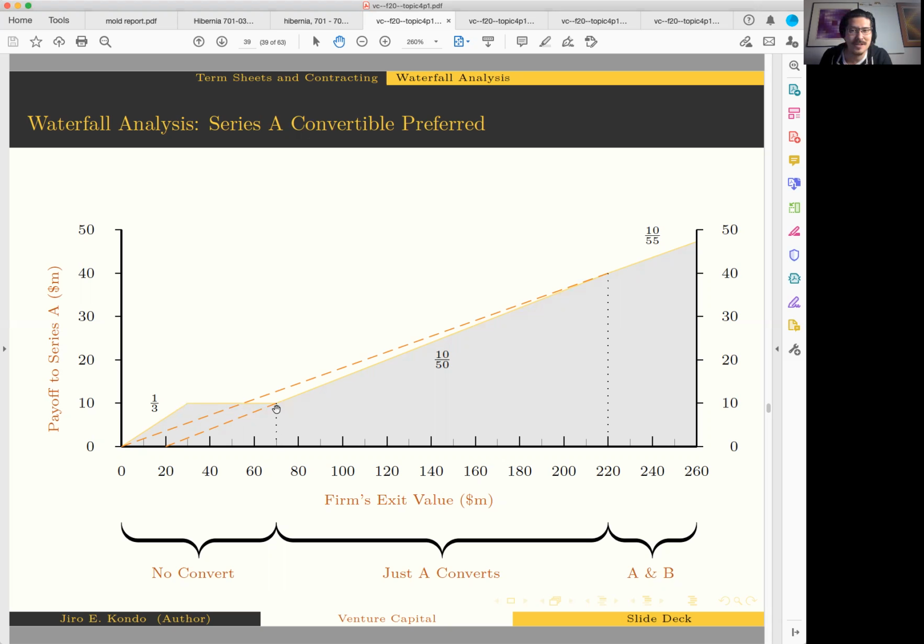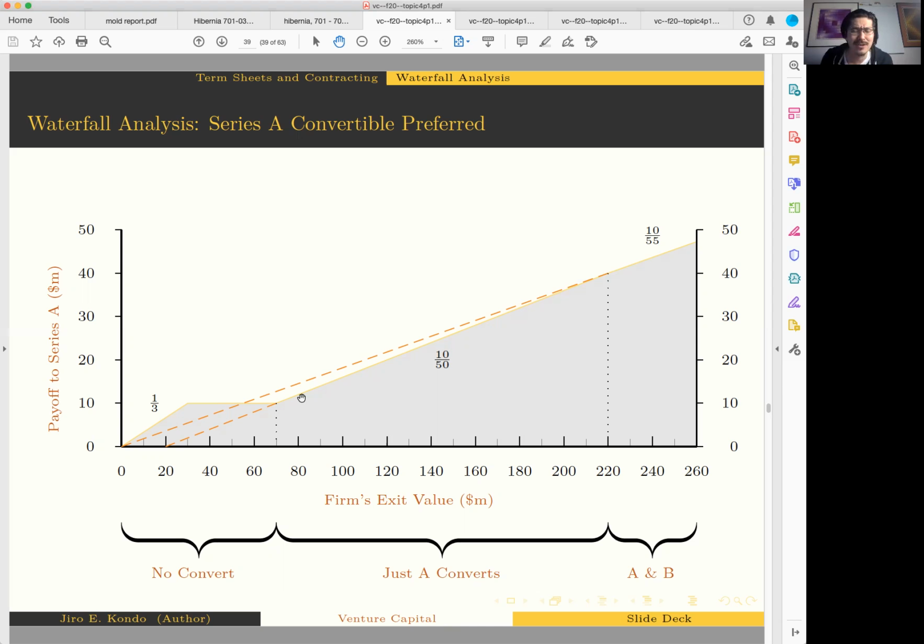We determined in step 1 earlier, they convert at 70, correct? So at 70, they convert and they start to get a slope. What is their slope? It's 10 divided by 50, correct? Because they own 10 million shares and founders own 40 million shares. So far, so good?